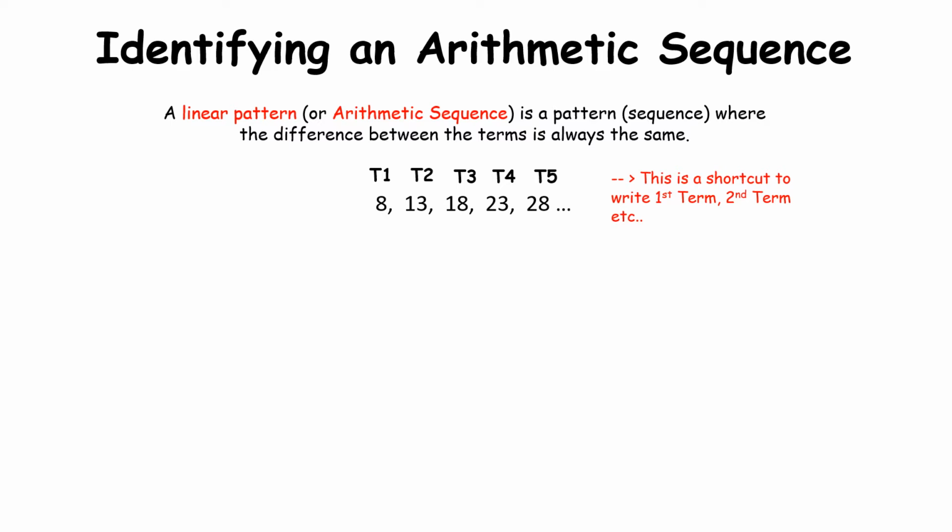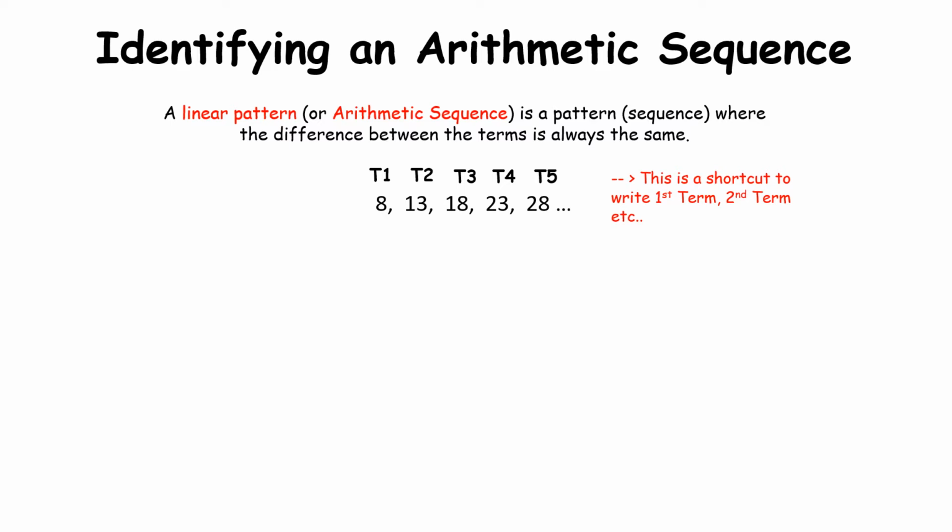Instead of saying a linear pattern, we're going to talk about this as an arithmetic sequence. Arithmetic is another way to say linear, and pattern is a more encompassing word for sequence. When we talk about numbers, we tend to call it a sequence. A pattern tends to be more about pictures, and we'll see how the two relate later in this PowerPoint.